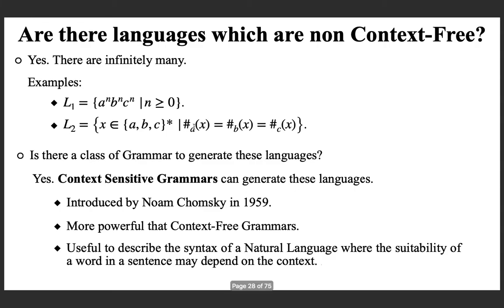They are very useful to describe the syntax of a natural language, where the suitability of a word in a sentence may depend on the context. In a natural language, the use of a word depends on the context of the sentence in which that word is used. You have a number of words with the same or similar meaning, and you may have to select the most suitable word in a sentence depending on the context in which it has to be used.